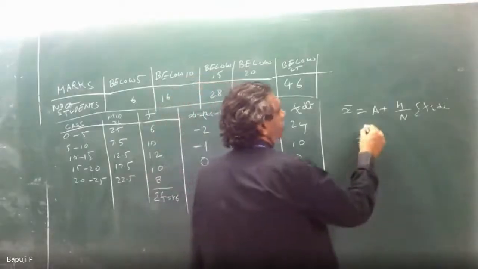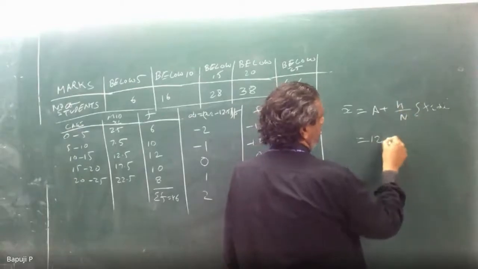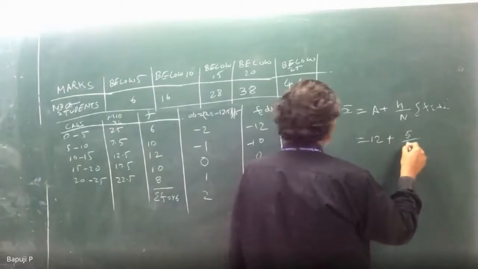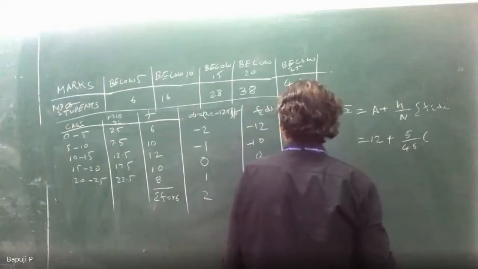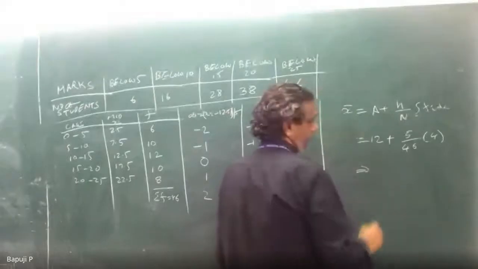You should write what is A, what is h, what is N. What is h? Find out the frequency. N is what? fiDi. So A is 12.5. The value is 12.93. Very good.